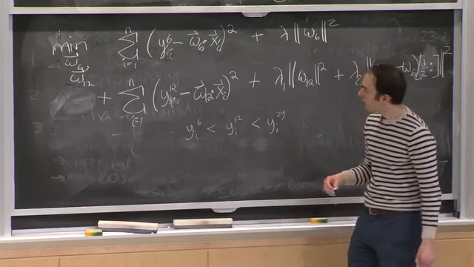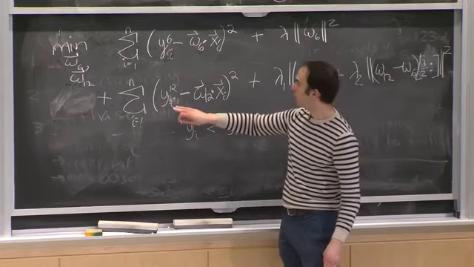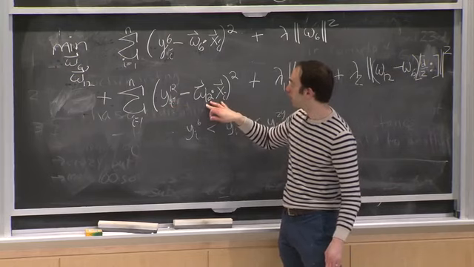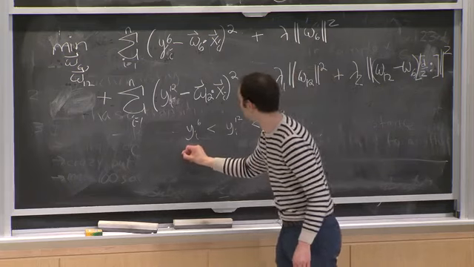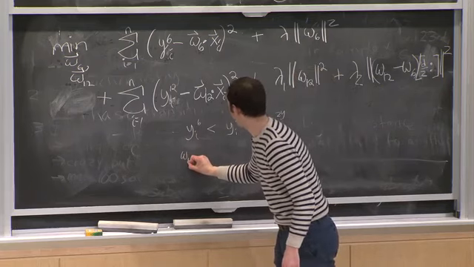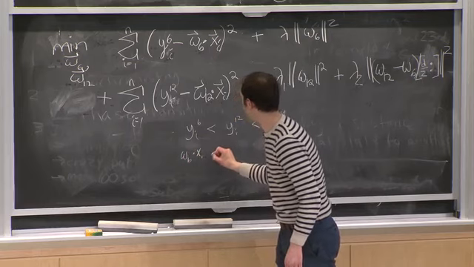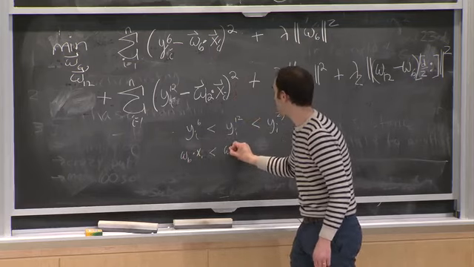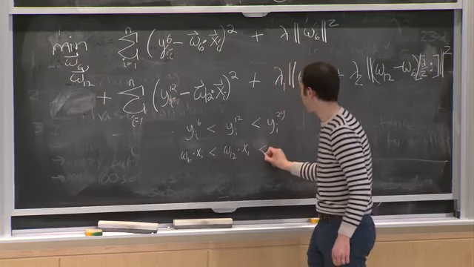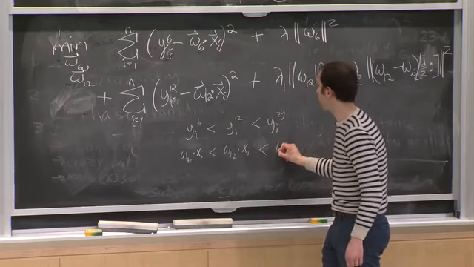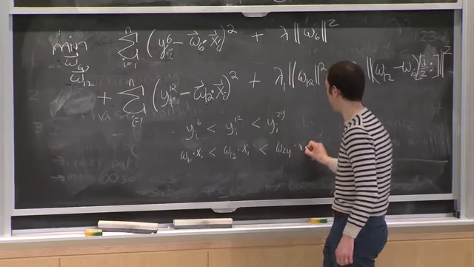And if we were able to do perfect prediction, meaning if it were the case that your predicted y's are equal to your true y's, then you should also have that w6 dot xi is less than w12 dot xi, which should be less than w24 dot xi.